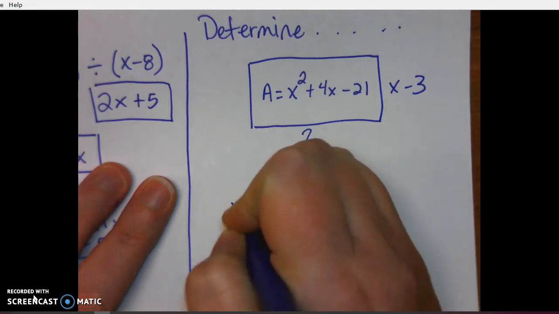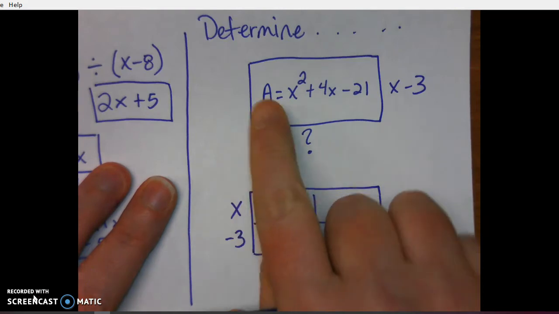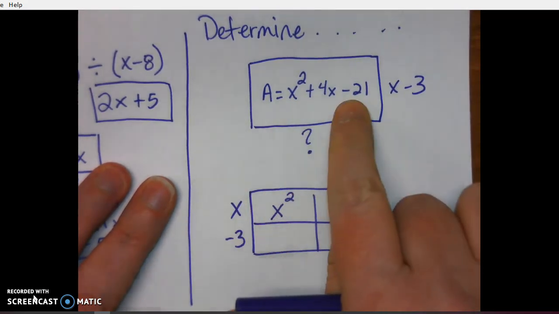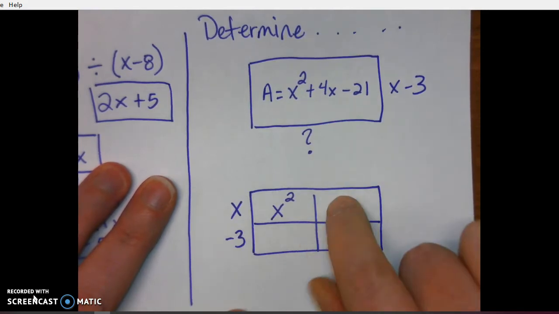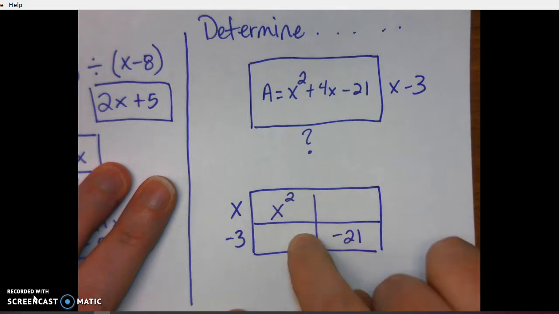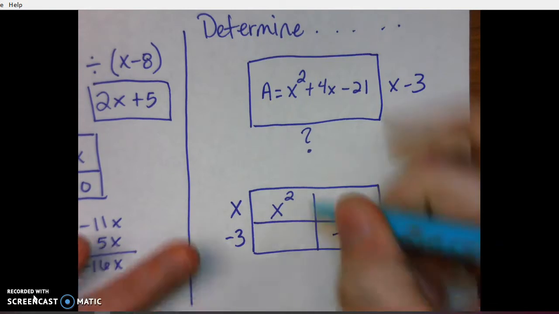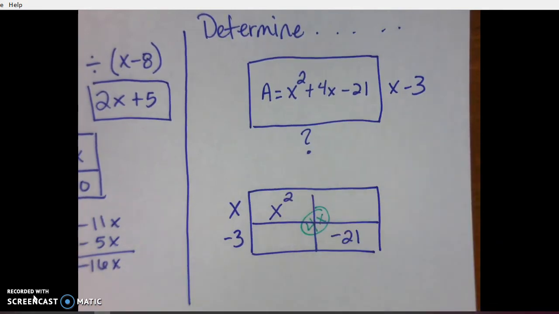And I know I have x minus 3 right here. And then from my answers, I know that I have x squared up here, negative 21 right here. I can't fill those in yet, but I do know they combine to give me 4x. So I'm going to put 4x right there because I know together they make that.